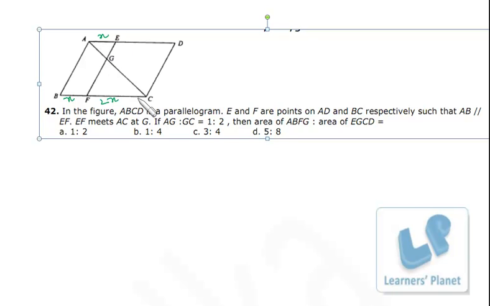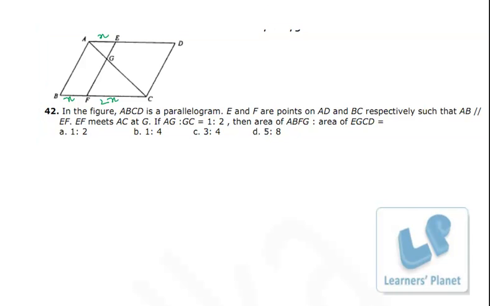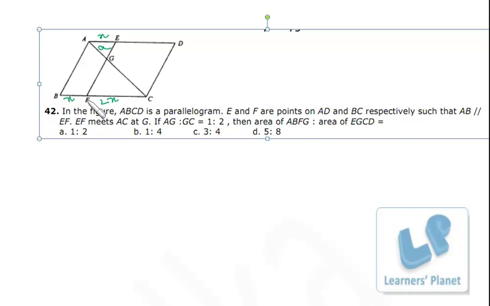If it is X, it has to be 2X. Now if it is X, BF will also be X. So the total length over here is 3X. Now I assume the area of AGE to be A, then the area of FGC will be 4A. Side ratio is 1:2, that means area ratio will be 1:4.